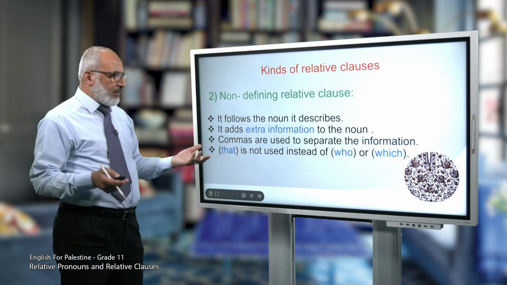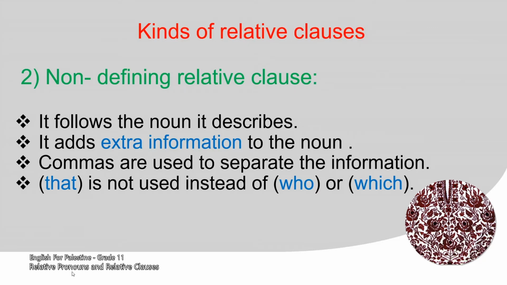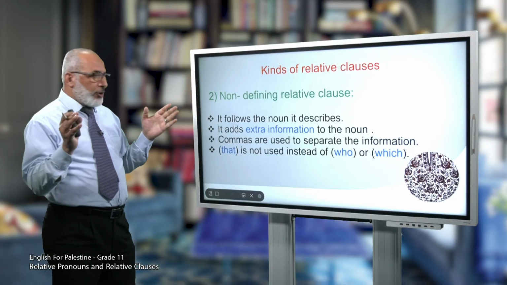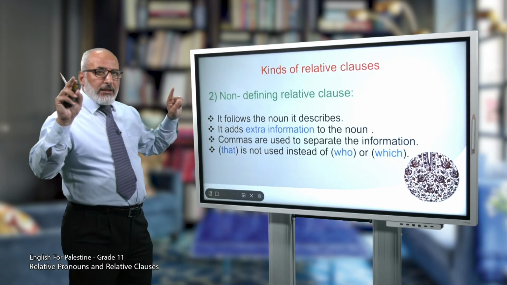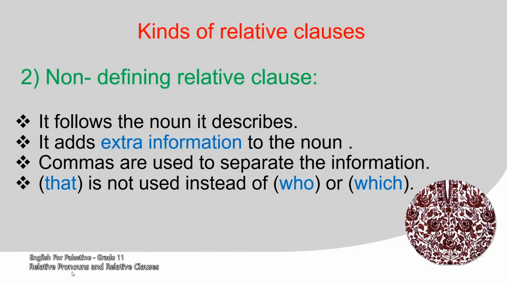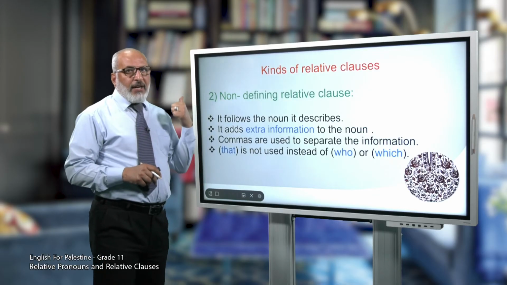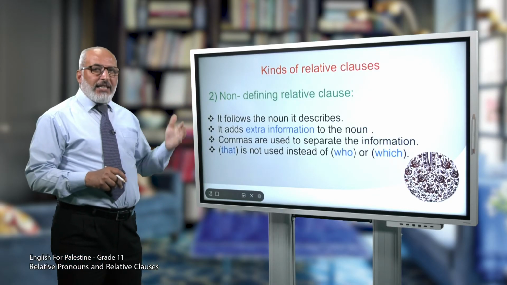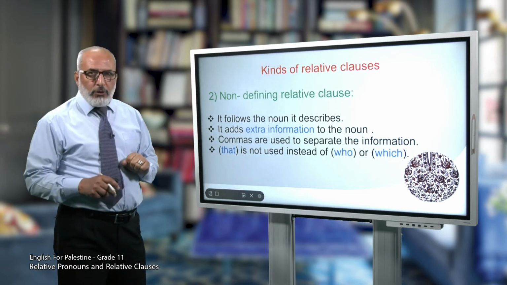They are not important. Commas are used to separate the information. This is very important. We use commas to separate the non-defining clause. That is not used instead of who or which. But in defining relative clause, that is used instead of who or which.